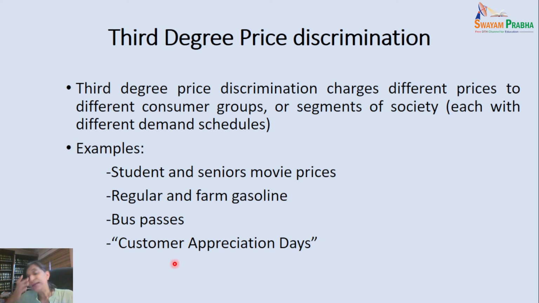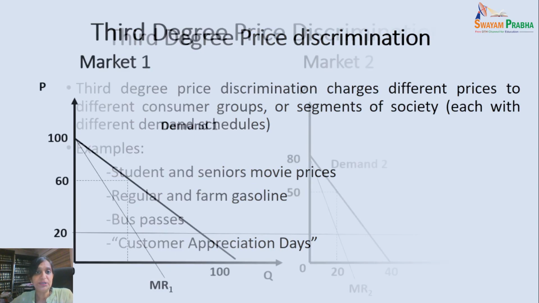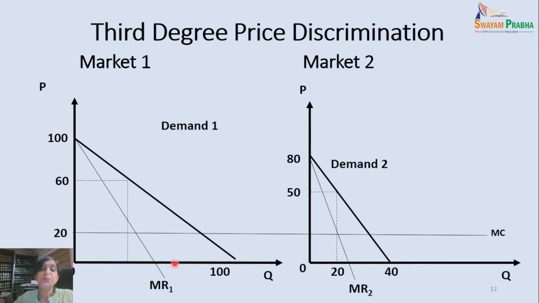When we talk about Amazon Prime membership, because you become a member, you are told that certain extra discounts will be given to you, and non-members are not given those discounts. So that is third degree price discrimination, in which we are taking markets separately.